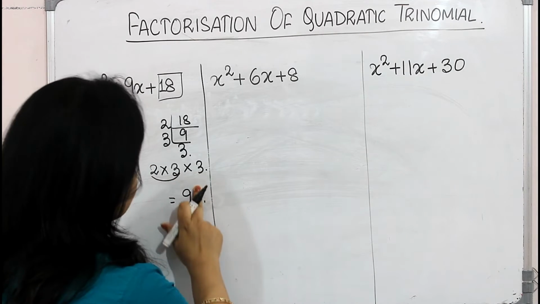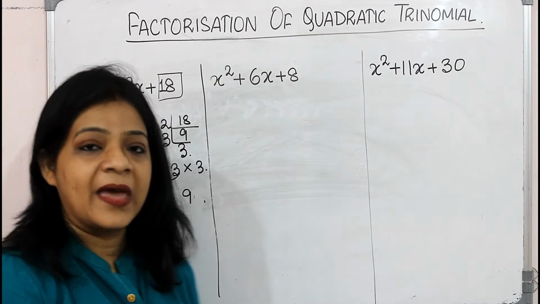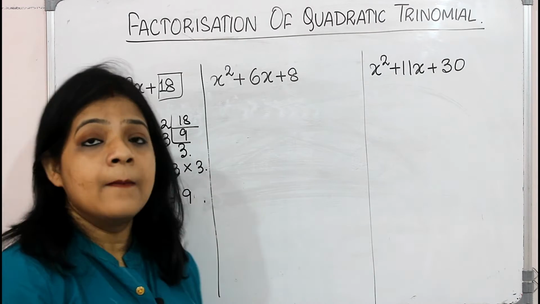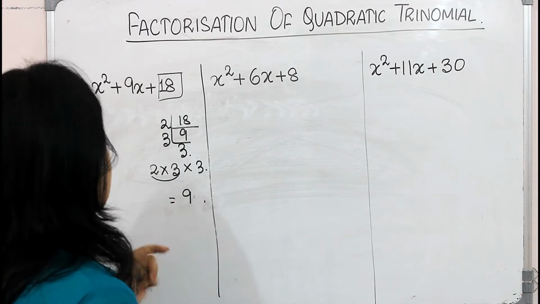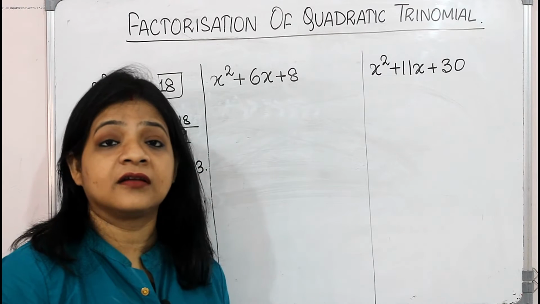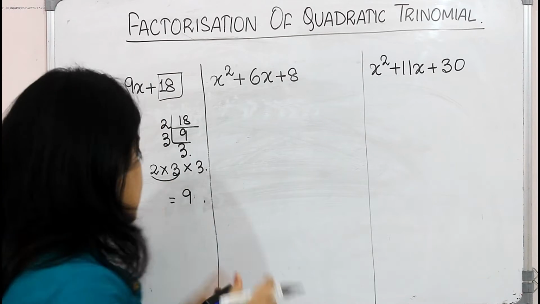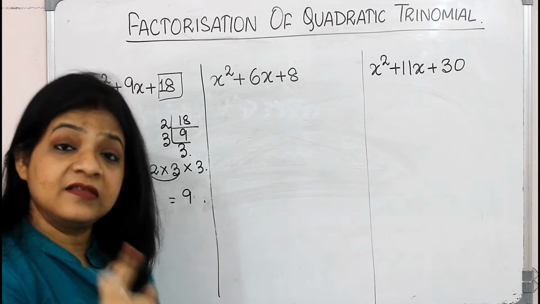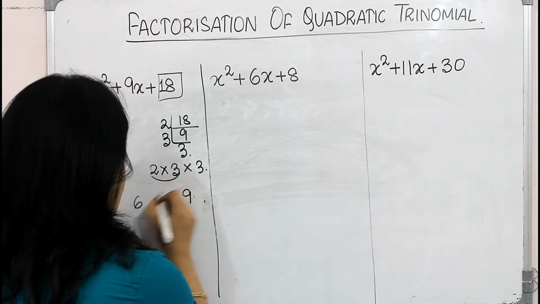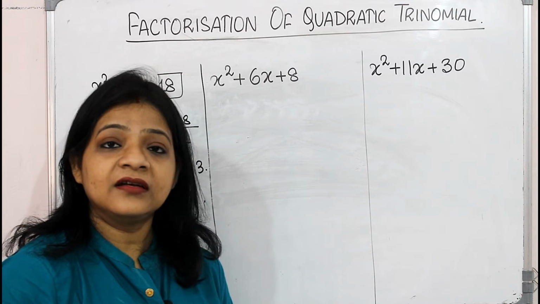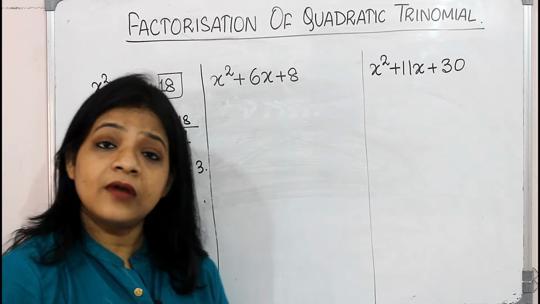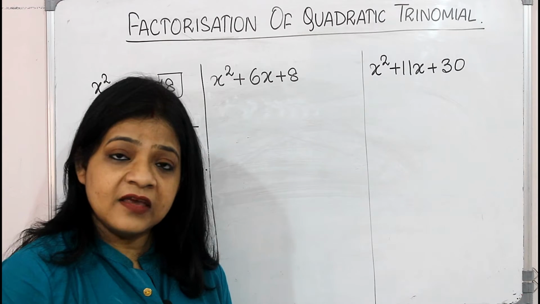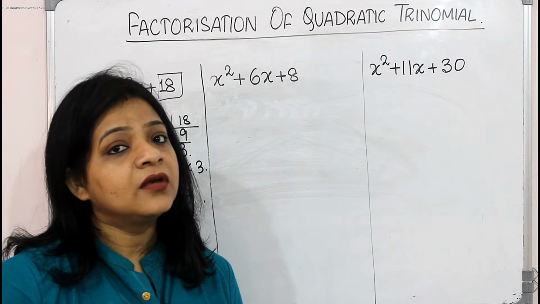Let's consider 9; x we will manage later. Let's consider the middle term as 9. Now, which combination of the factors will fetch you 9? If I do 2 into 3 is 6 and the last factor is 3, then 6 plus 3 is equal to 9, right?